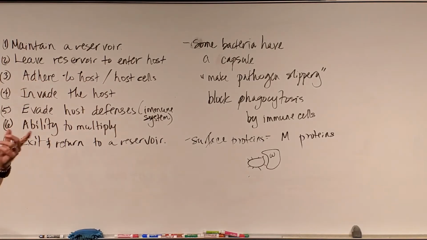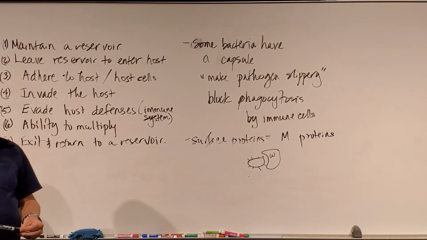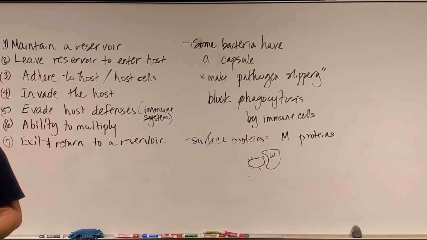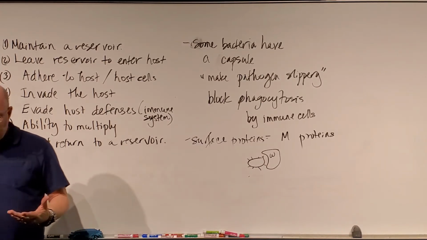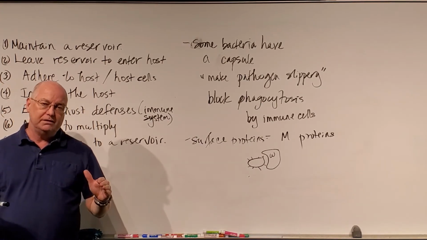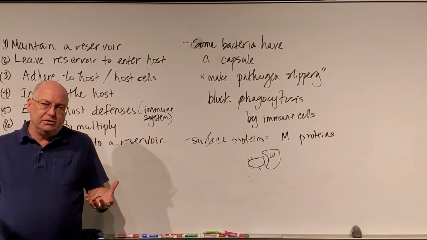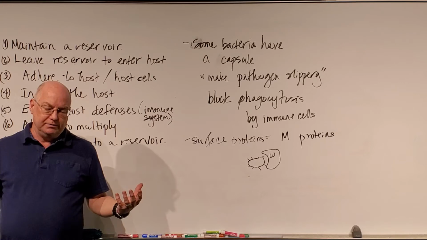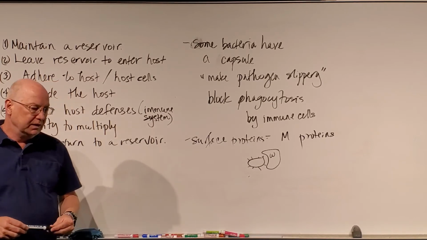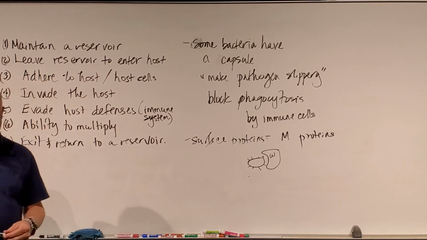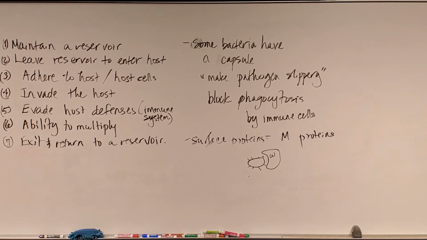So some bacteria have a capsule that prevents phagocytosis, some have these M proteins. And then some again can invade inside the white blood cells. Once they're inside the white blood cell, the antibodies don't have the ability to get in to them. For example, HIV replicates inside of white blood cells.